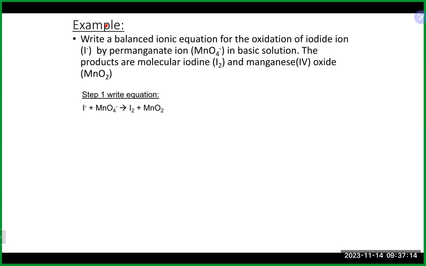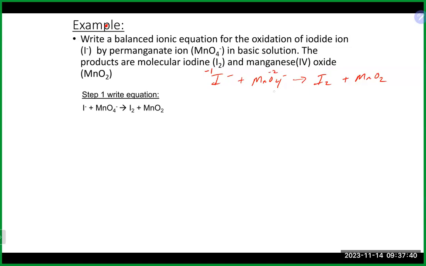So we're going to balance this guy in basic conditions. Again, I'm going to really try to figure out what is going on in terms of who's being oxidized, who's being reduced. So if we take a look at that first and assign some oxidation numbers, I minus has an oxidation number of -1. Our MnO4 minus, that's going to be -2 for the oxygen.